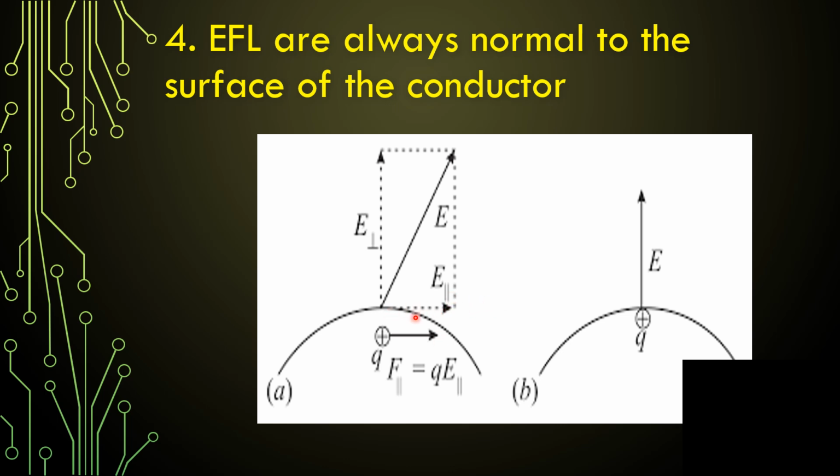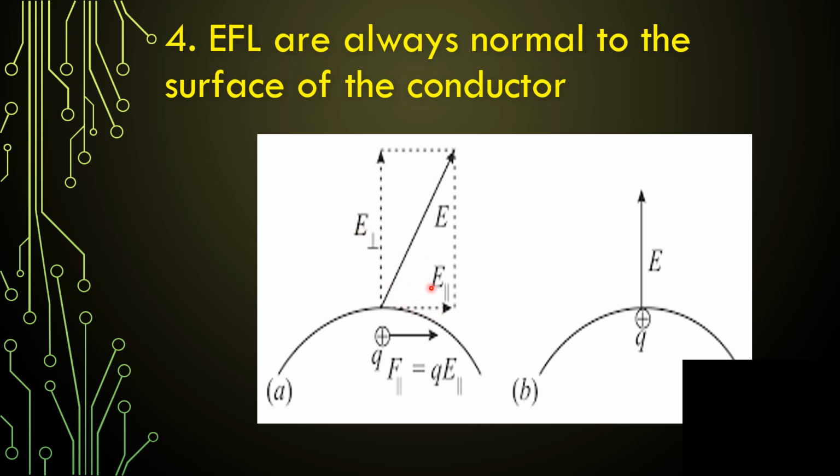This component is called the horizontal component or parallel component. See, this line is parallel to the surface, right? And this component is called the vertical component or normal component. This line is normal or perpendicular to the surface. So if the field line is acting like this, then we can divide it into two components.